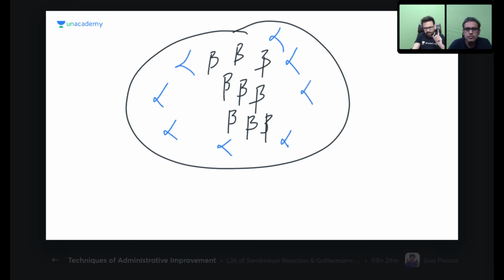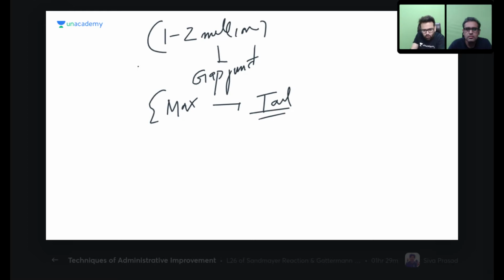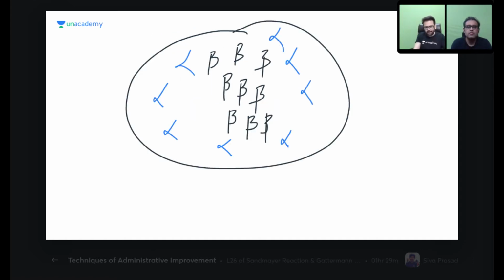So, location-wise, there are around 1 to 2 million islets of Langerhans connected by gap junctions, and they are maximum in the tail. But in one islet of Langerhans, the beta cells are maximally in the center, and in the periphery there are alpha cells.